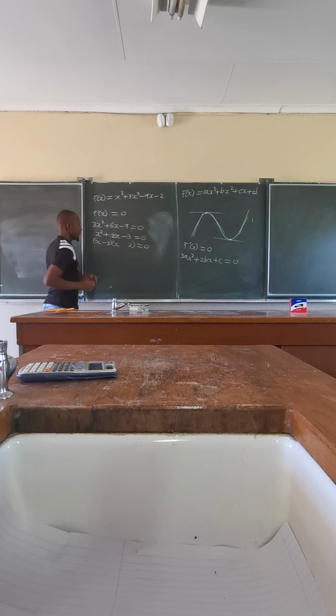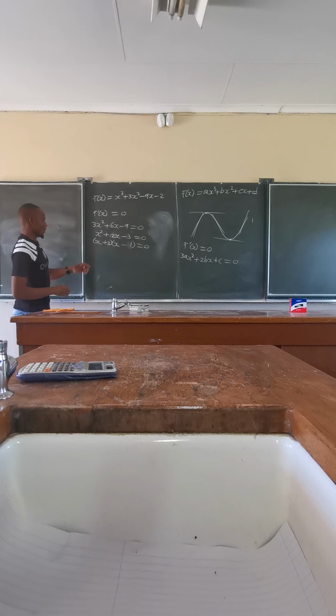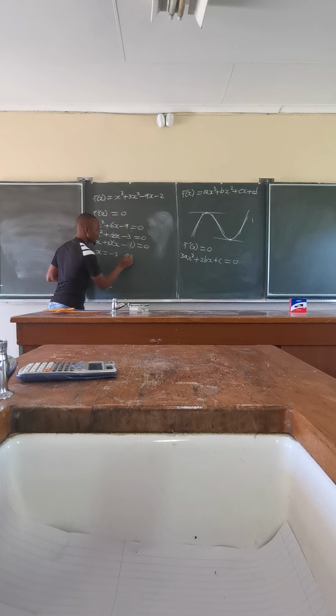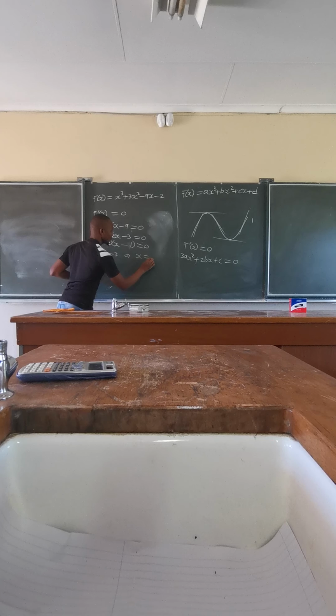The bigger one takes the sign of the middle term, which is a plus here, and the other takes the opposite sign. So we have factorized it nicely. Here we have x equal to negative 3 or x equal to 1.